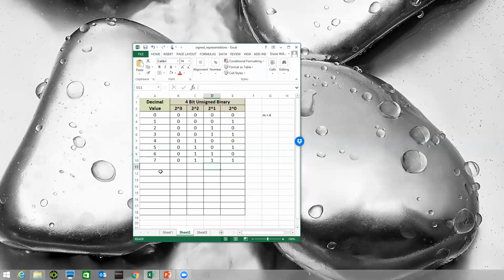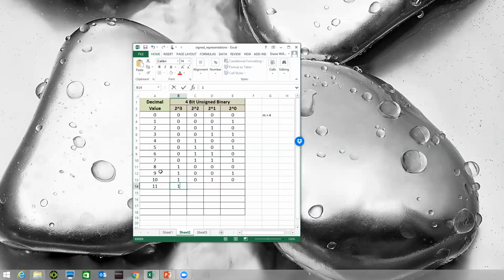What you should be doing right now is writing these down with pencil and paper so you can practice this pattern. There's 8. So 8 is 1 times 2 to the 3rd. Add 1 to that to get 9. And then 10 becomes 1, 0, 1, 0.